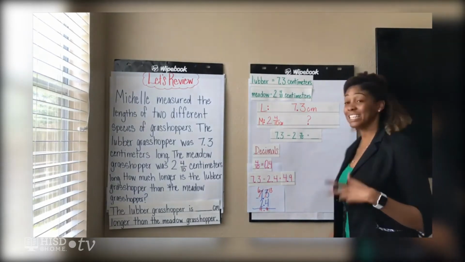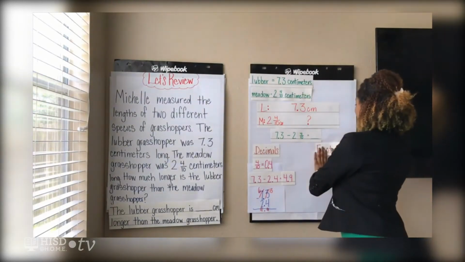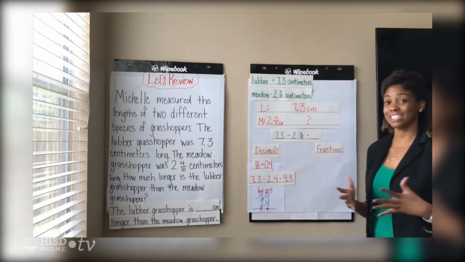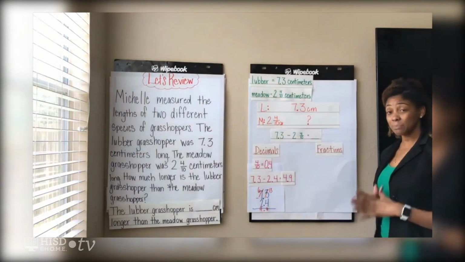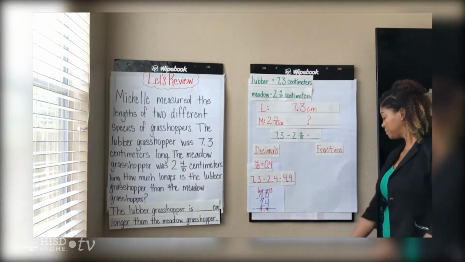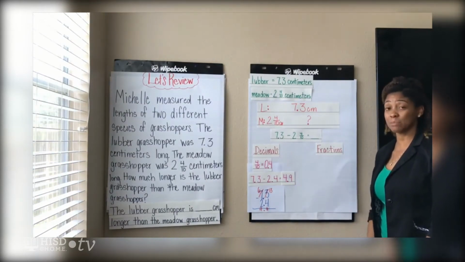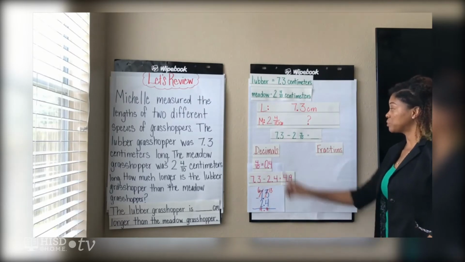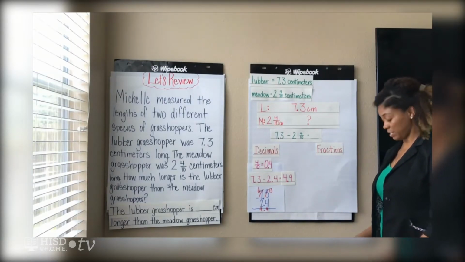Awesome. So now let's go ahead and dive into solving it the other way. And that other way is using fractions. Fractions may be a little bit more work or it may not be. Depends on if that's your favorite. But let's go through our problem. The very first number is a decimal. So the first thing we need to do is we need to take 7 3/10 and rename it as a fraction.